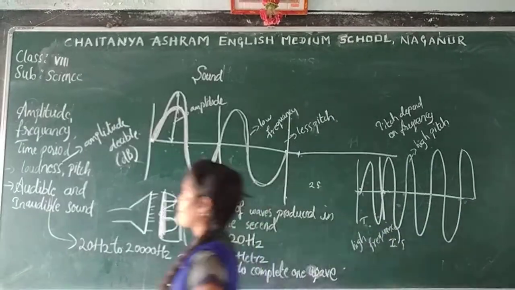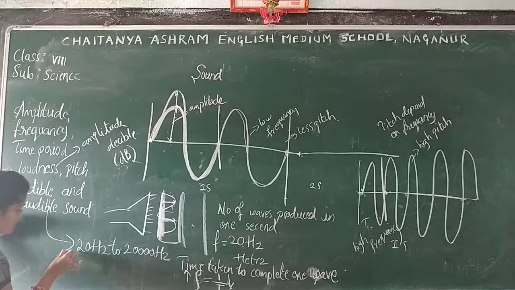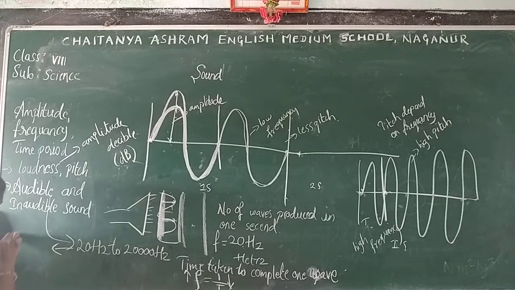If a sound has a frequency below 20 Hz, we call it an inaudible frequency, which means we cannot hear the sound. What human beings can hear, we call an audible frequency. If human beings cannot hear a sound, we call it an inaudible frequency.